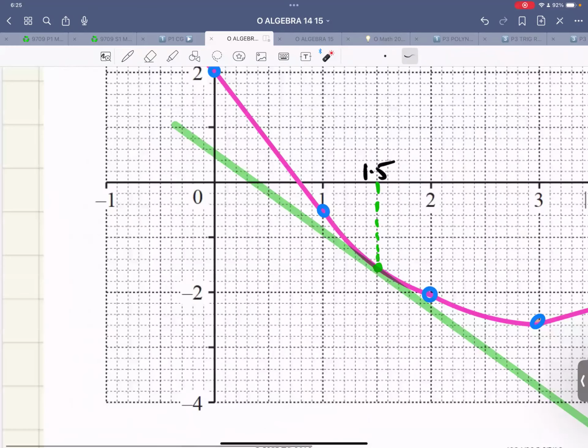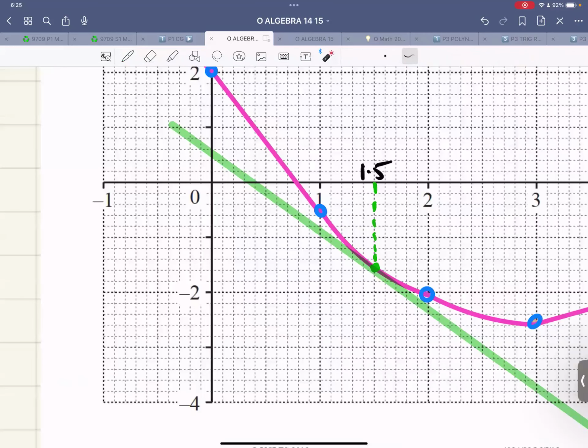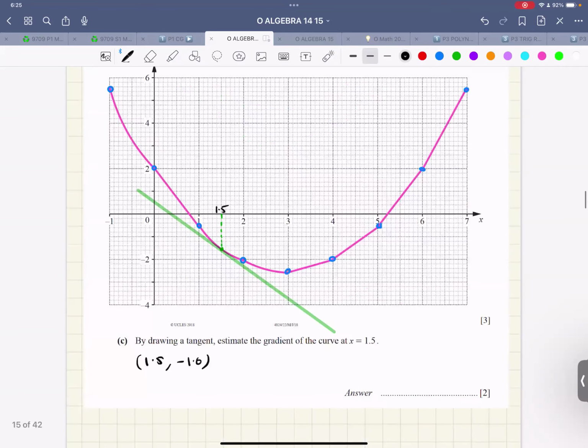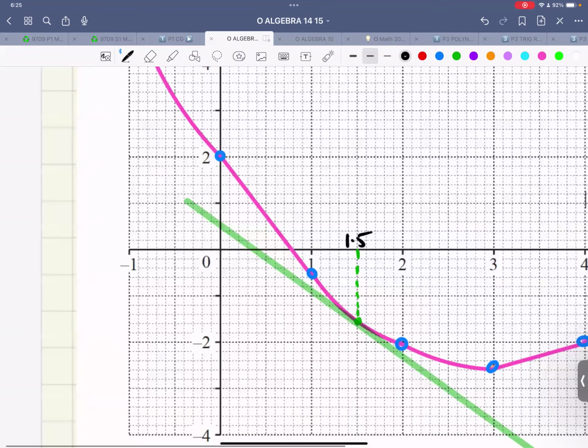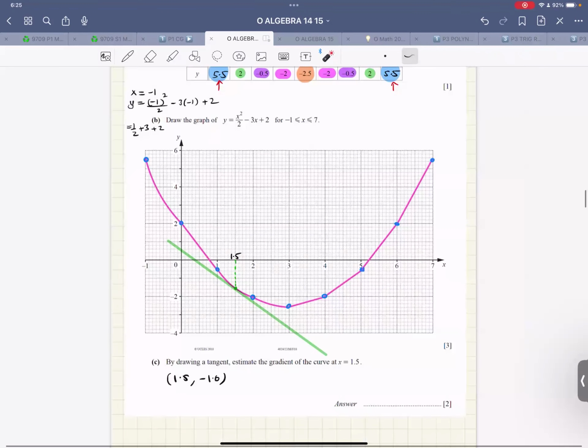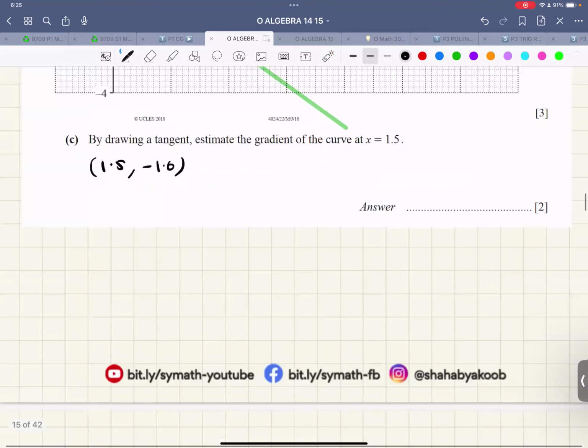So this is -1.6. That's the point that I got. So this is 1.5, comma, -1.6. And let me choose this point right over here, which is 0, comma, 0.5, if I ignore the thickness. So this is 0, comma, 0.5.